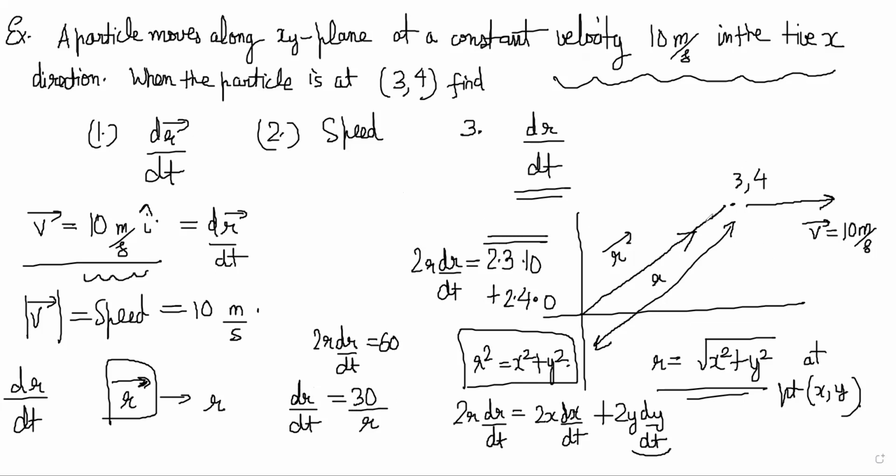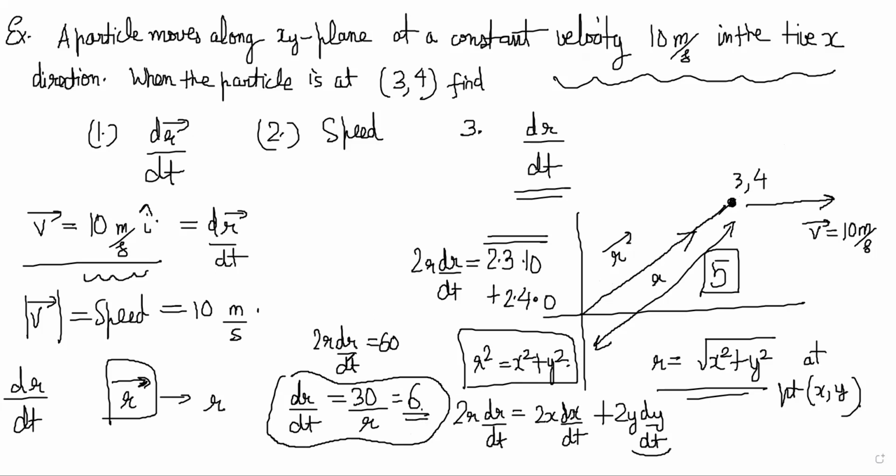And what is my r at this moment? r at this moment is, by Pythagoras theorem, just 5, right? So dr by dt comes out as 30 by 5, or 6. So this d|r| by dt is the rate at which the distance from the origin is changing. The distance of this point from the origin is changing at the rate of 6, and that has nothing to do with the speed of the particle.